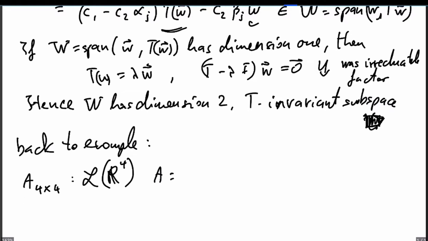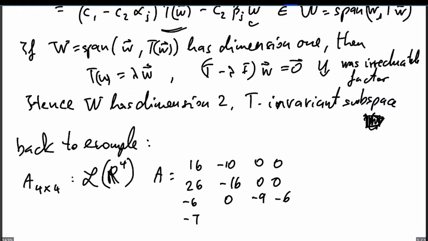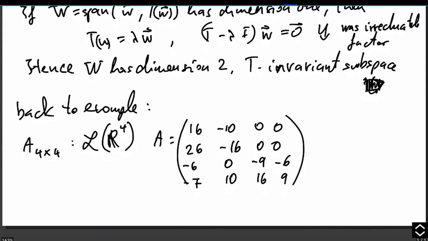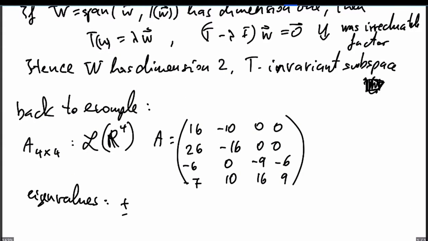It was given by the 4x4 matrix 16, minus 10, 0, 0, 26, minus 16, 0, 0, minus 6, 0, minus 9, minus 6, minus 7, 10, 16, and 9. And we obtained the eigenvalues as plus minus 2i and plus minus i times square root of 15.